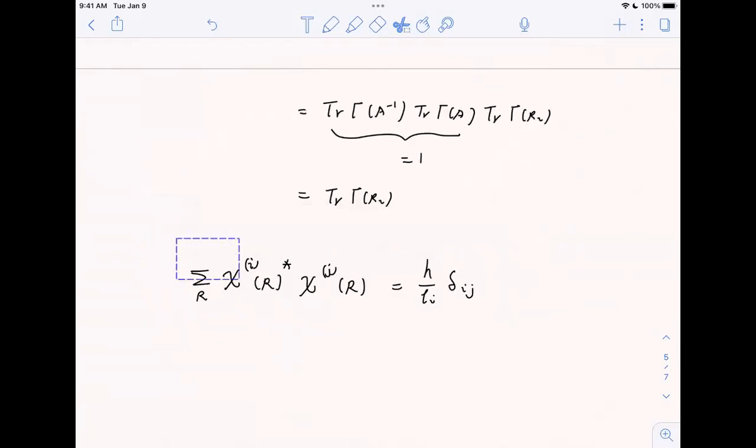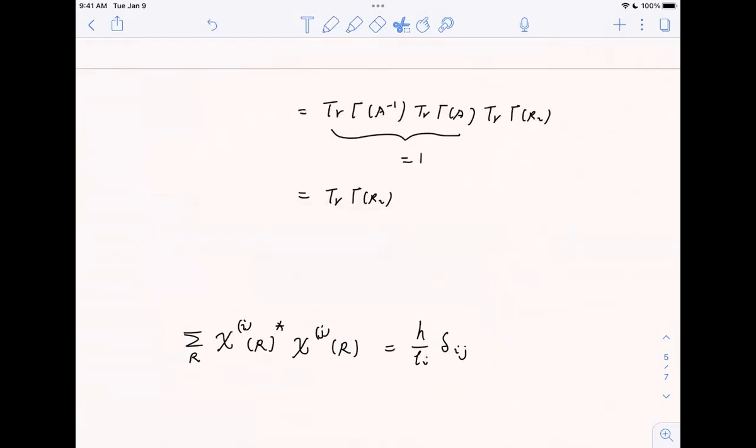I use a symbol. I just take the symbol C. Let me write this symbol better.